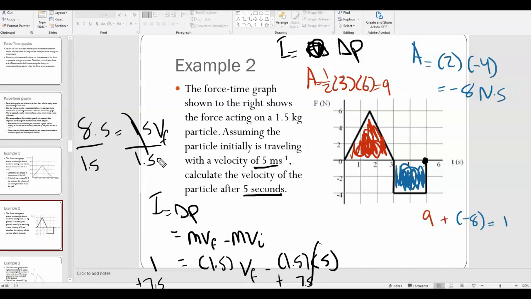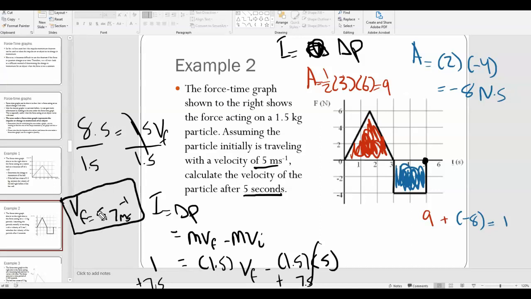So 8.5 divided by 1.5, VF equals 5.7 meters per second. And that is the answer to the question.